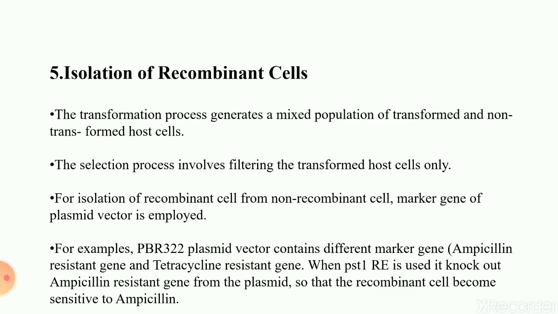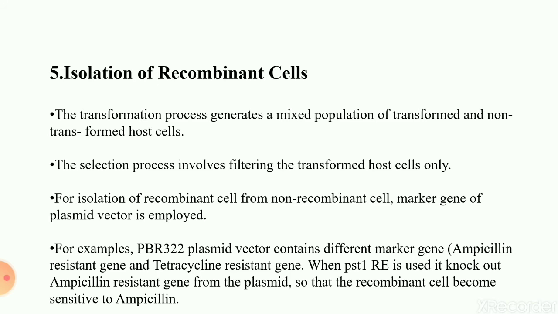The pBR322 plasmid vector contains different marker genes. pBR322 contains two antibiotic resistance genes, that is the ampicillin resistance gene and the tetracycline resistance gene.